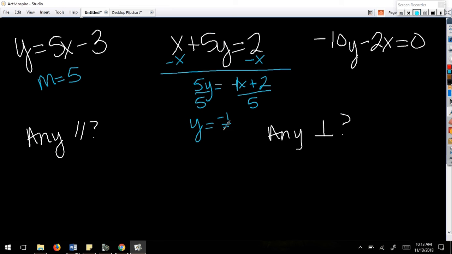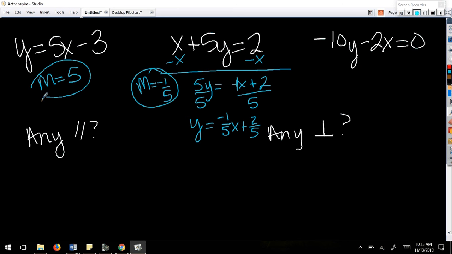So I've got negative 1 over 5x plus 2 over 5. Remember that 5 goes to both. So what is the slope of line number 2? Negative 1 over 5. I've got a slope.